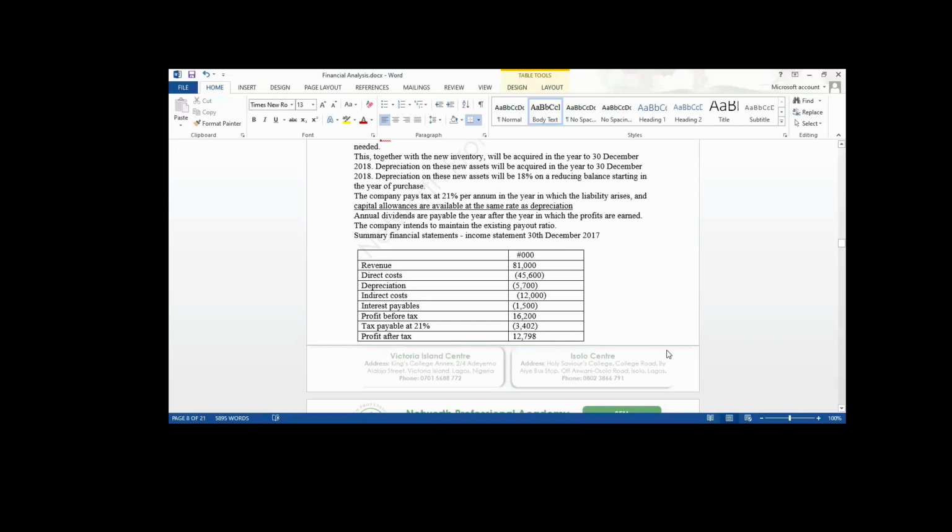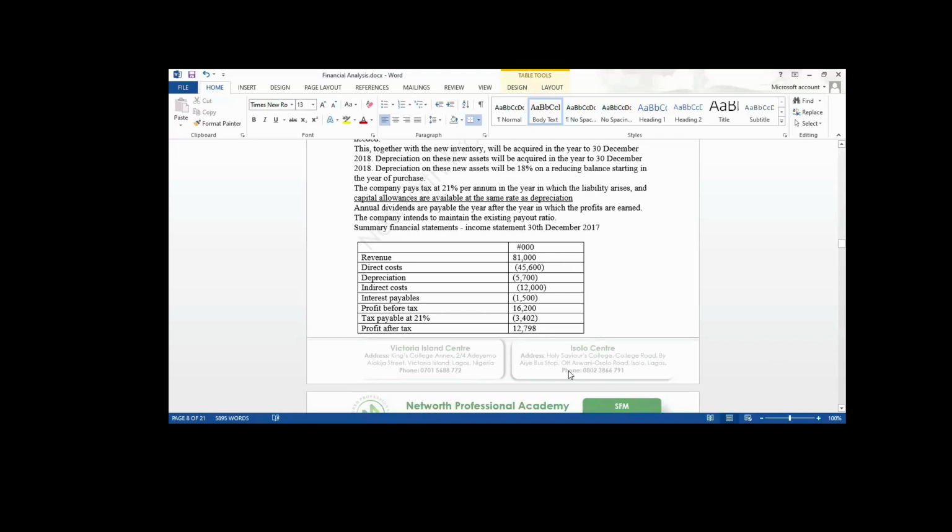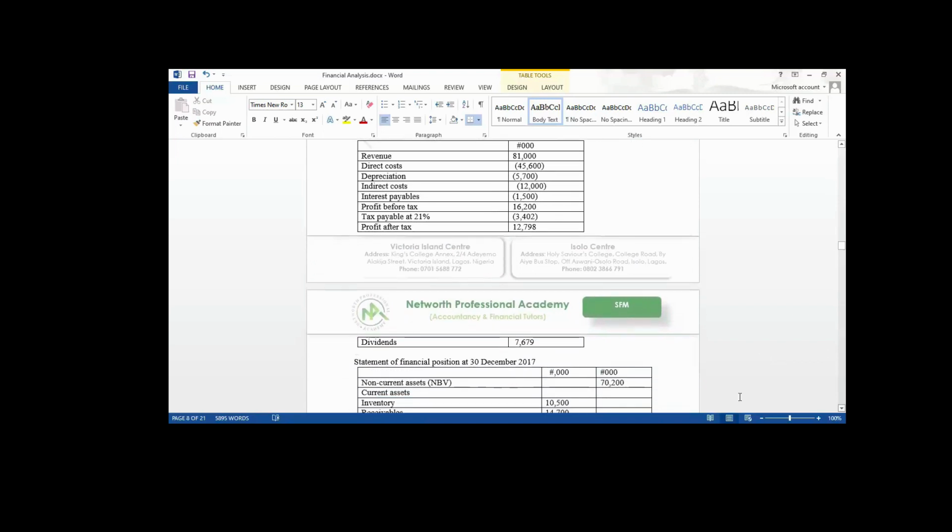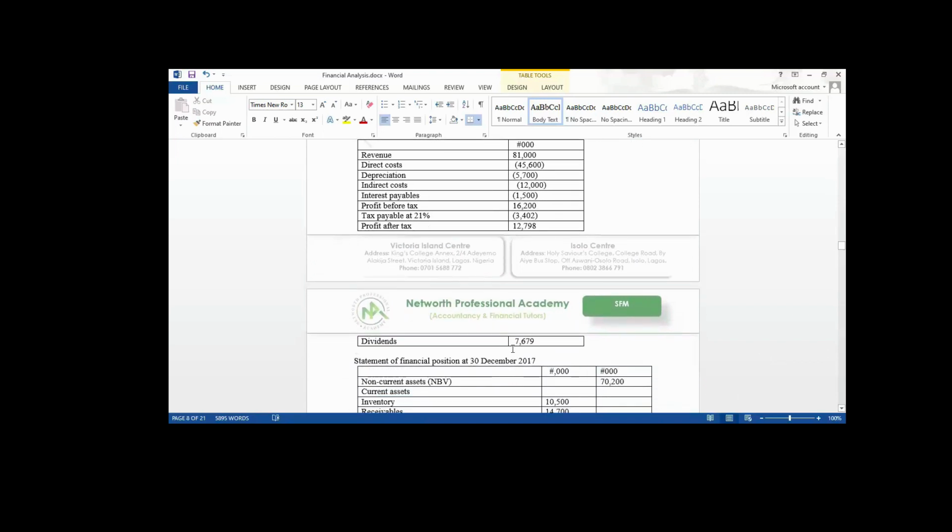Let's check 2017. In 2017, our dividend was 7,679. Profit after tax was 12,798. Please divide it.